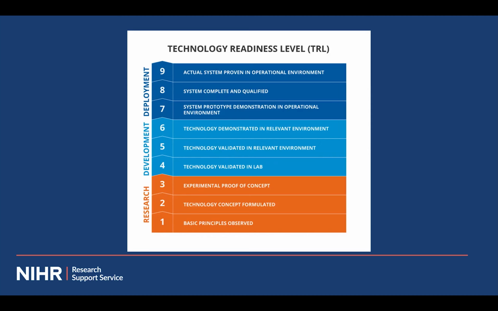Often in the applications, you see applicants mention the TRL level. Not all of them do, but some do. And this is what they're referring to, the technology readiness level. In the applications we see coming through I4I, usually the lowest one would be 3, proof of concept.